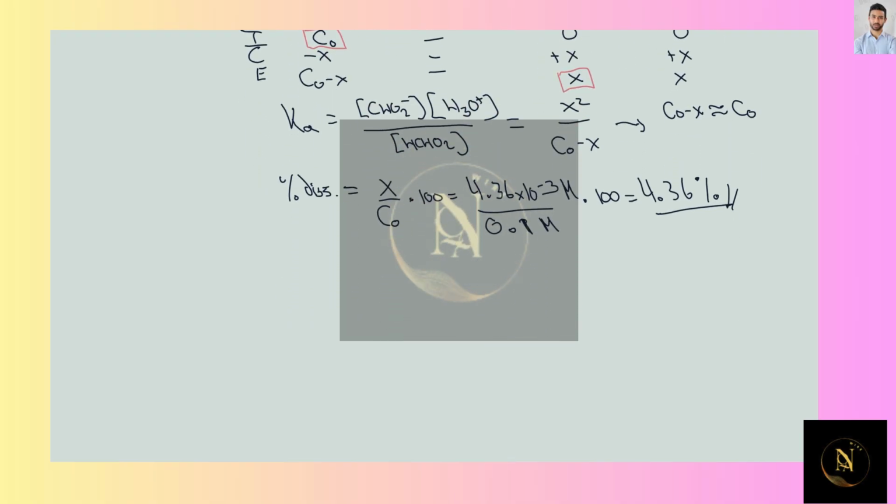Oh, sorry. For the previous one, we also want to know the pH, right? And the pH is minus the logarithm of the concentration of H3O+. And that concentration is the same as x, right?